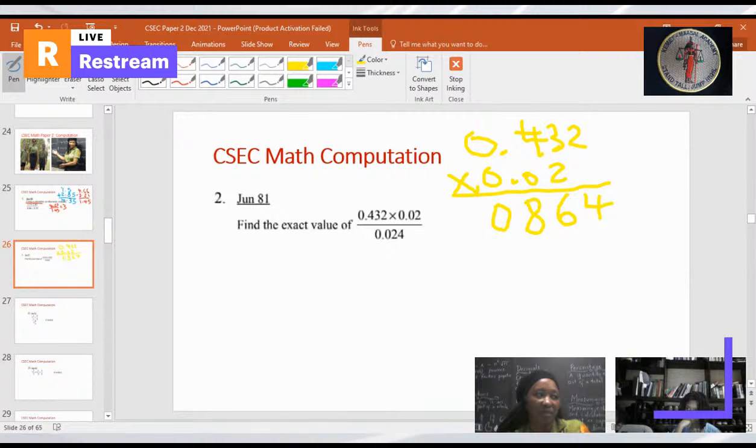So up top we have 1, 2, 3 decimal places, and 1, 2 down the bottom. So that's 5 in all. Your answer should have 5 decimal places. When we're multiplying decimals, your answer should have the total number of decimal places: 1, 2, 3, 4, 5. So that would be 1, 2, 3, 4. So we need another 0 here. Yes.